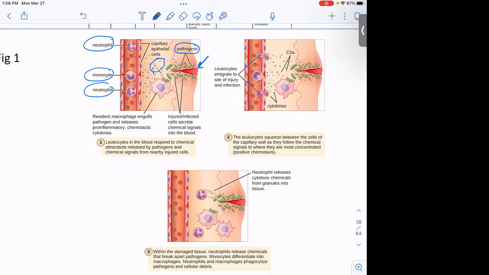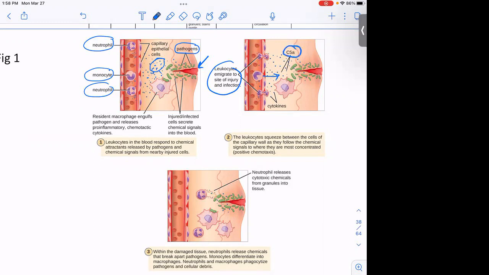That's what these little dots are here, being released, perhaps by the pathogen itself, but also by the tissues around where those pathogens are, calling other cells that are whizzing by in the bloodstream to leave the bloodstream and get out into where that infection is taking place.